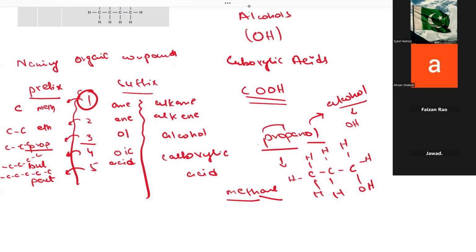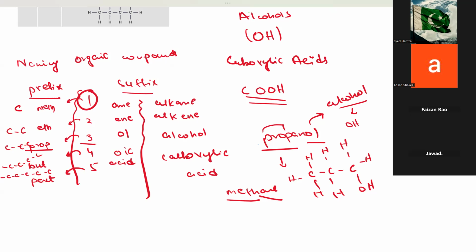Hamza, I just wanted to ask, what is the difference between a displayed formula and a structural formula and a molecular formula? Okay, yeah. Sorry, I muted myself. Right. So displayed formula, structural formula, and a molecular formula. अच्छा, so there are two names in this जो कि मैं भी confused हो गया हूँ.